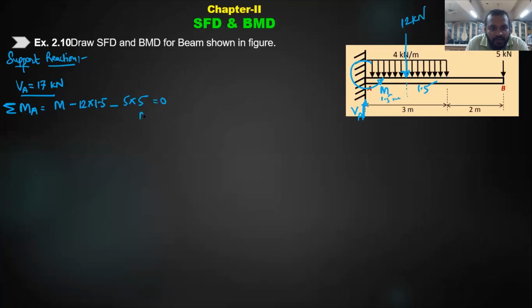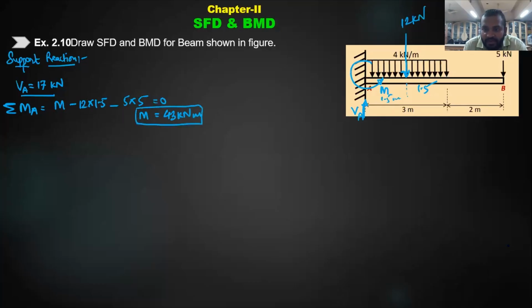So when you solve this, you will get the M value as 25 plus 18, which is 43. Very good.